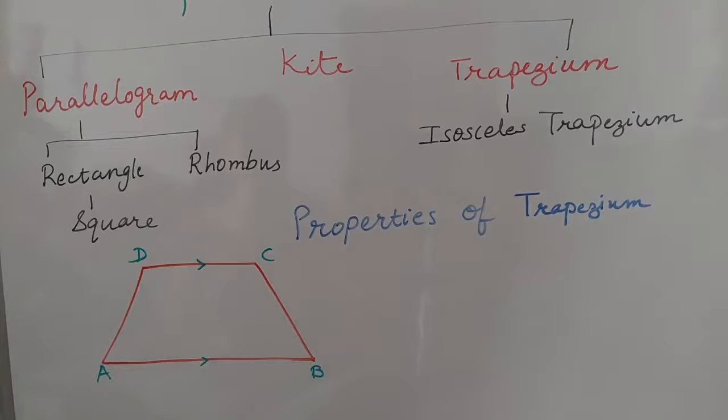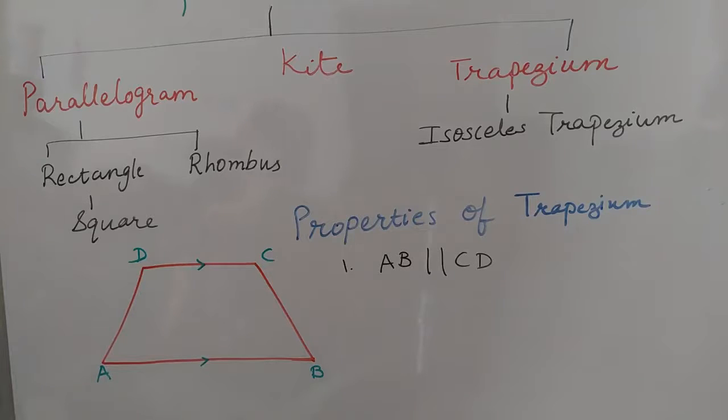So in this trapezium, one property is very important, that is AB parallel to CD. That is the main property. How we recognize a trapezium, that only one pair of the sides is parallel, and these are the non-parallel sides of the trapezium. So this is very simple, you can understand.